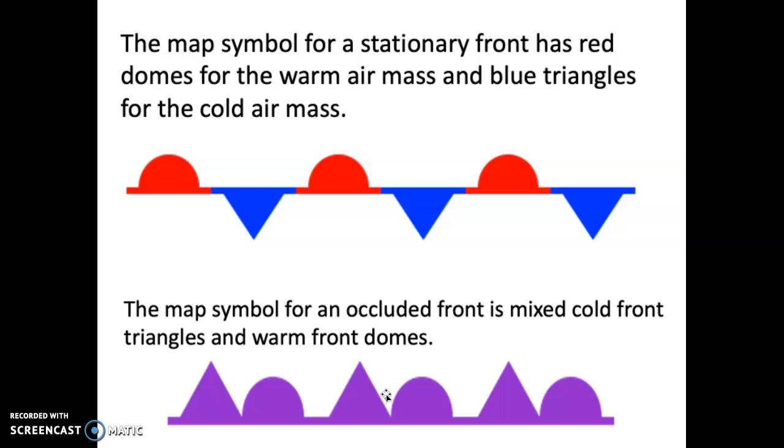The occlusion starts when a cold front catches up to the warm front. The air masses in order from front to back are cold, warm, and then cold again. So this is where the cold front caught up to the warm front, and now we have these two fronts moving together in the same direction.